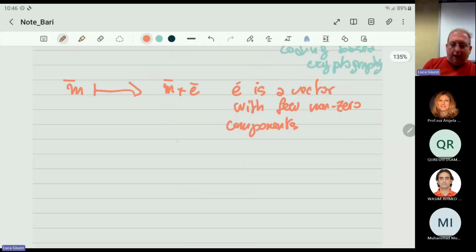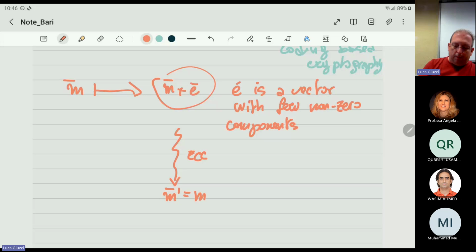And then the recipient applies some algorithm, let's call it ECC, error correction, in order to recover from M plus E the message M prime equals M, i.e. to find out what the error is. Error correcting codes work. There are many families of error correcting codes.